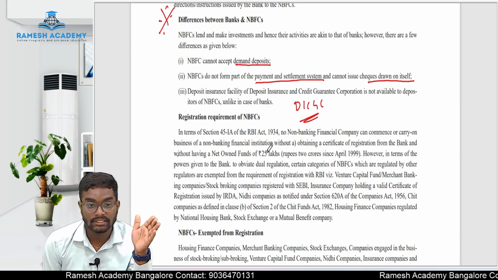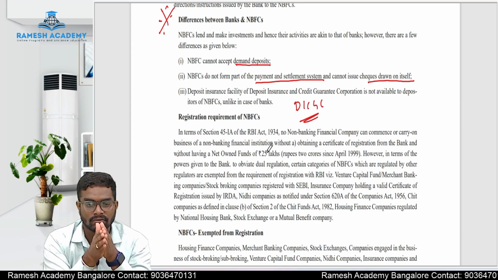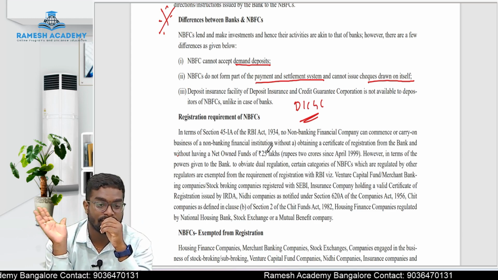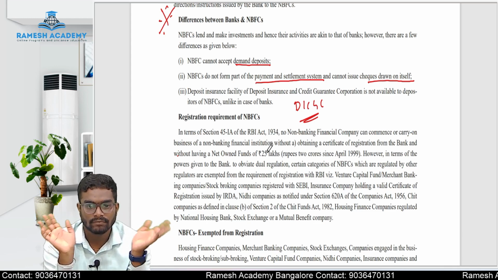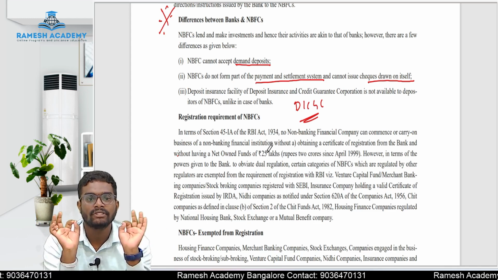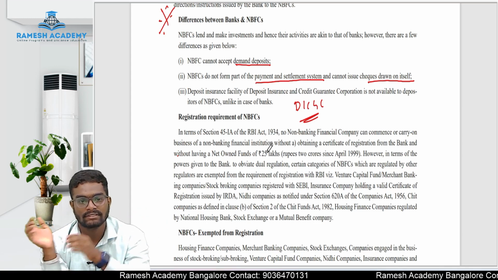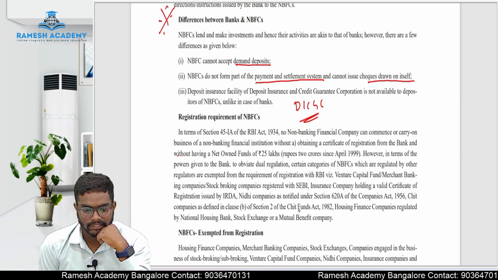I think the DICGC limit is 5 lakhs now. So try to plan your investments or deposits, keep 5 lakh in every bank, not the whole amount in one bank, because it may not happen, but if the bank goes down, your deposit is gone. If you are keeping in different banks, you will get the DICGC insurance on all the amount. So this was one advice.